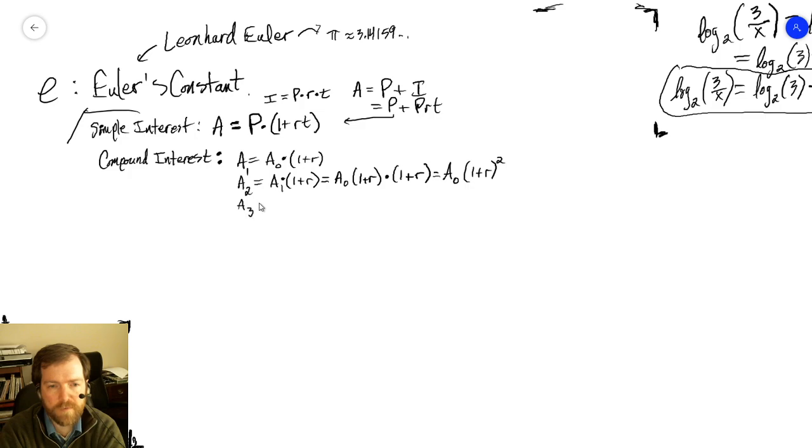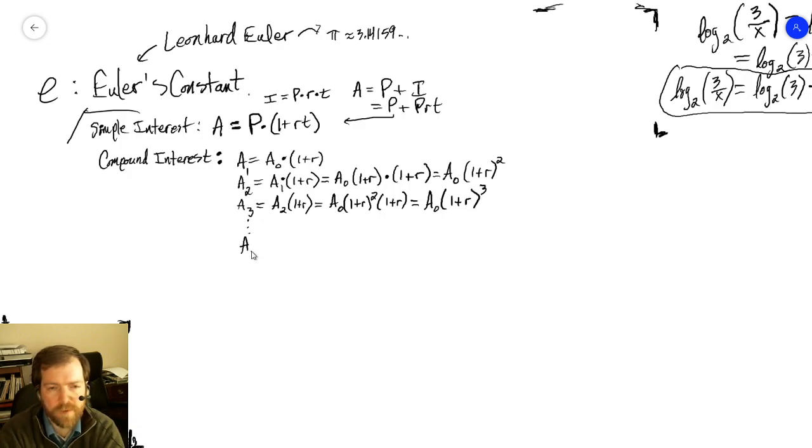Then A3 is going to be equal to A sub 2 times (1 plus R), which is A sub 0 times (1 plus R) squared times (1 plus R), or A sub 0 times (1 plus R) cubed.